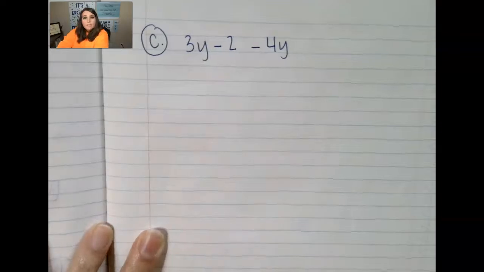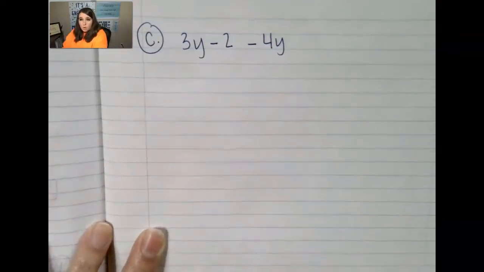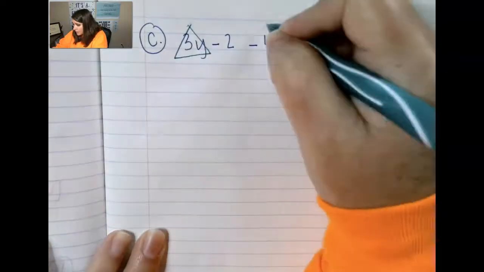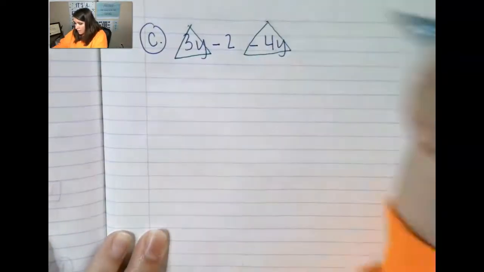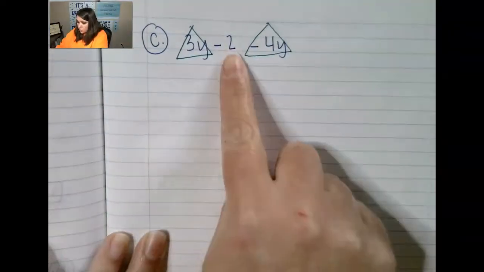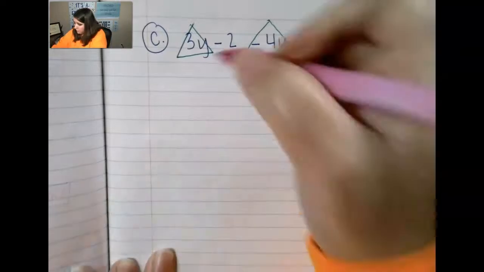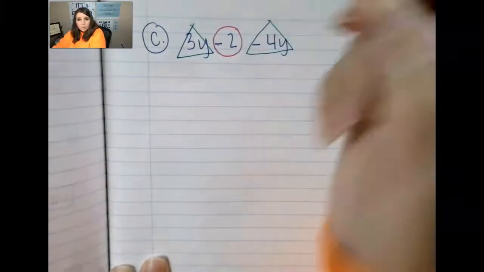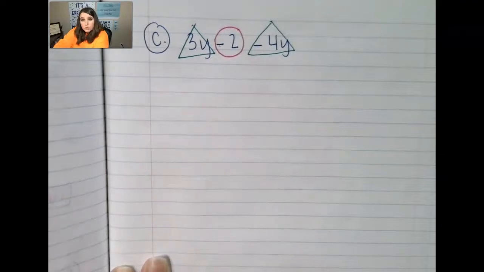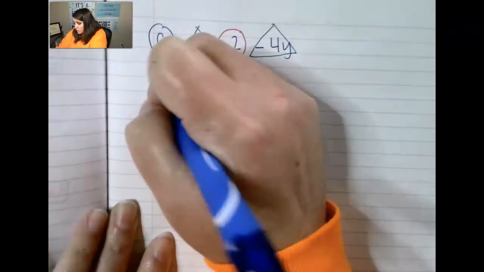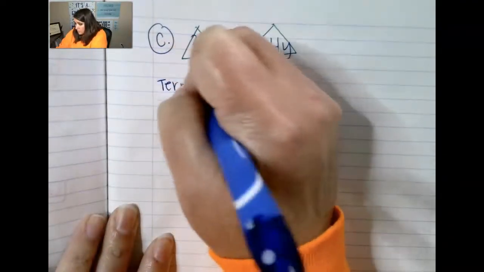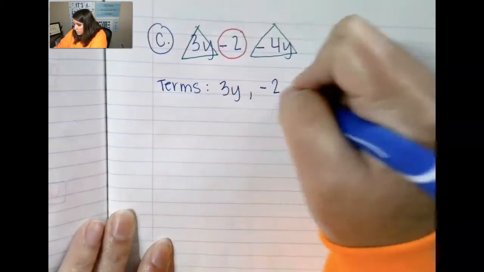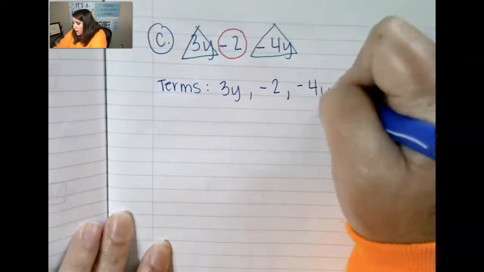All right, so on this problem, we're going to list the terms again. So here's a y, here's a y, and then this 2 is all by itself, and it's a negative 2 because we keep the sign with it. So it has three terms: 3y, negative 2, and negative 4y.